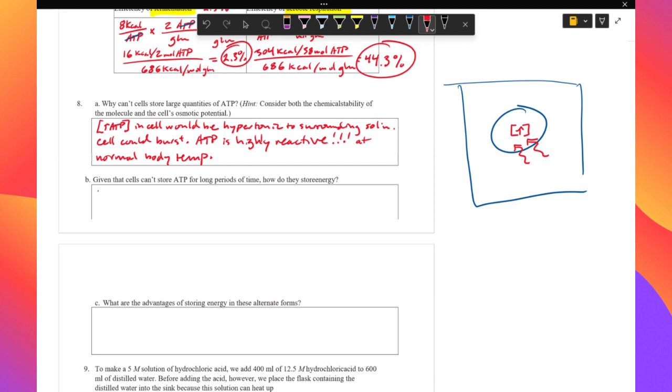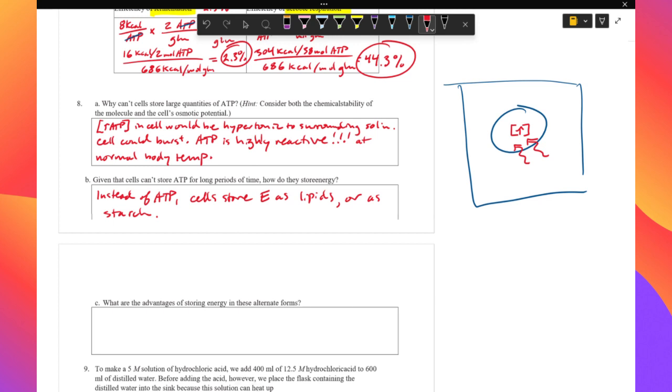So instead of ATP, cells store energy as lipids, fats, oils, or as starch. And starch is simply a category of storage carbohydrates.